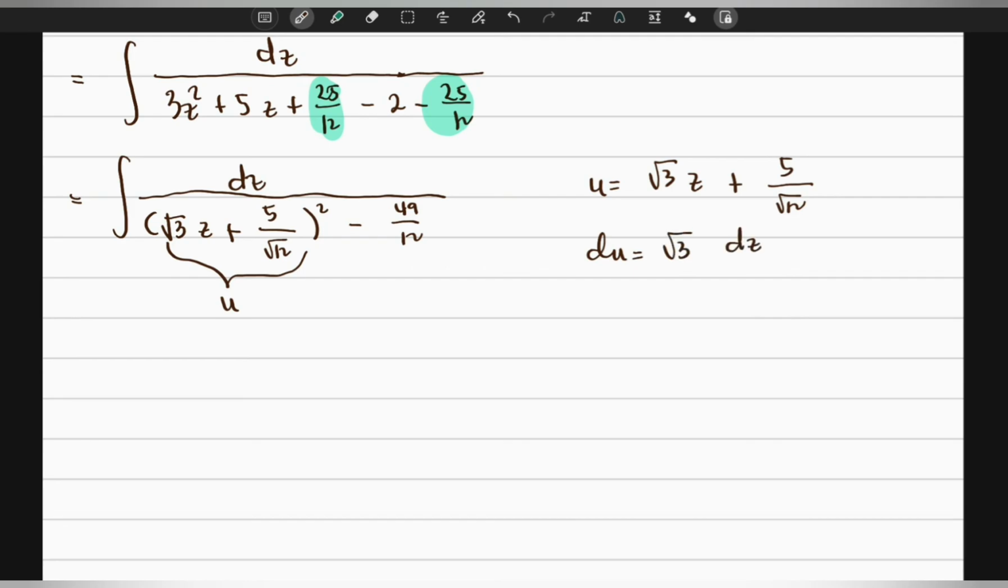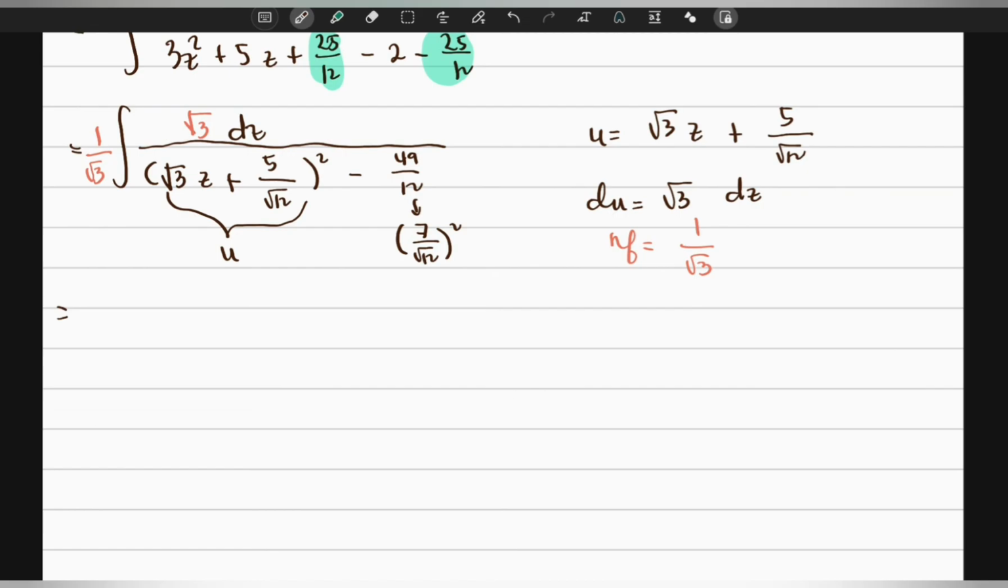So, magkakaroon tayo ng integrating factor na 1 over square root of 3. Yan. Compared dun sa kaninang first example na walang square root of 3. Okay. Tapos, ito naman, ito ay equal sa 7 over square root of 12 quantity square.